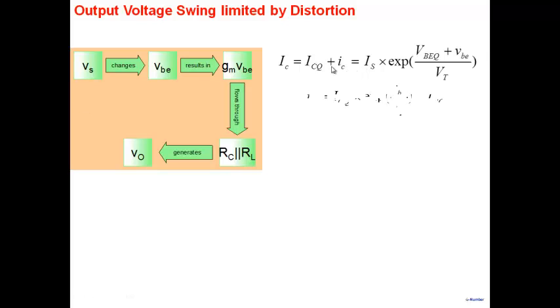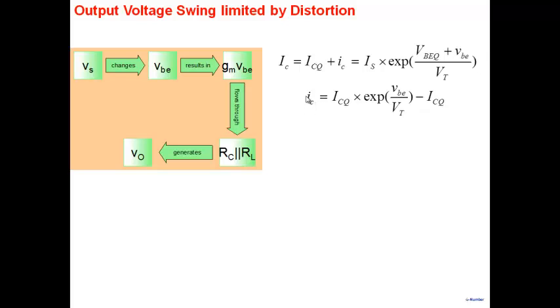So let's calculate IC. This small IC that you can see here, I can write it as, note that the first term, IS exponent VB by VT, is nothing but the DC value of the current. That's the DC value of the current, because if you don't apply any sinusoid here, this goes to 0, and you get the normal DC current here. So the first part, IS exponent VBEQ by VT, is nothing but ICQ.